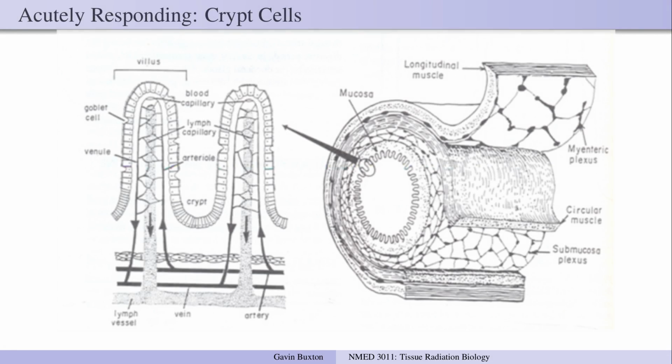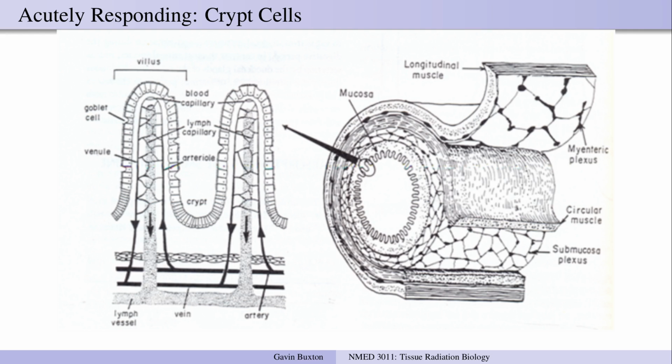Another example of an acutely responding tissue is the crypt cells. The crypt cells exist within the small intestine at the base of the villus, and provide stem cells for renewal of the intestinal epithelium, which basically turns over every 3 to 4 days, right?